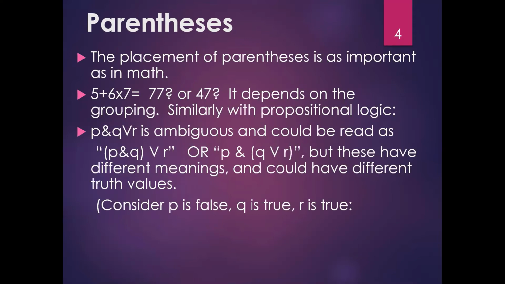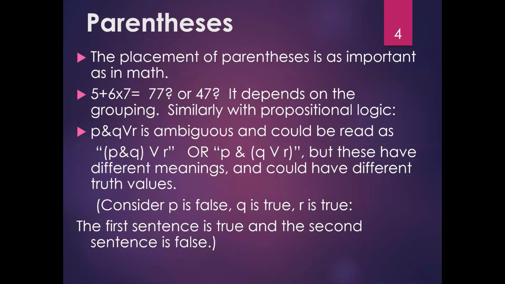So consider the above when P is false, Q is true, and R is true. Now in that case, we have P being false, Q being true. So the first disjunct of the first sentence is false, but R is true, so the first sentence is true.